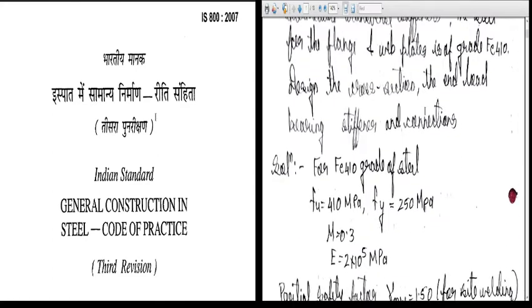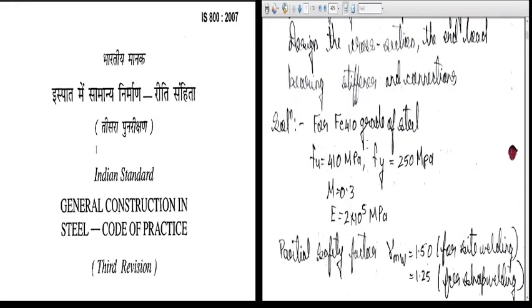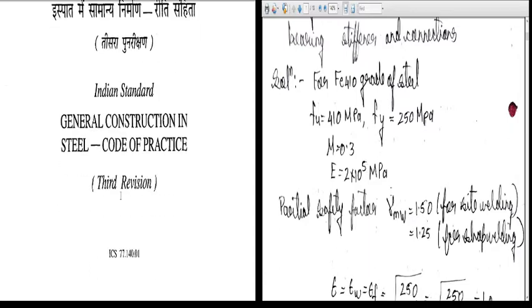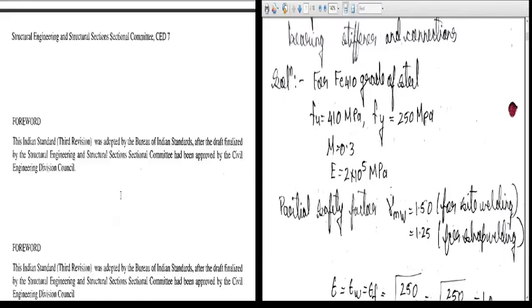In the given data you can see it is grade 410 steel. So Fu is equal to 410 MPa and Fy is equal to 250 MPa, Poisson's ratio mu is equal to 0.3 and modulus of elasticity is 2 into 10 raised to 5. Now this is according to the code book. So let us see the properties of the steel in the code book.